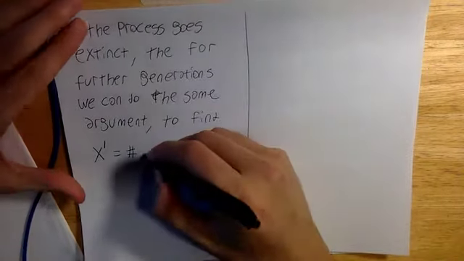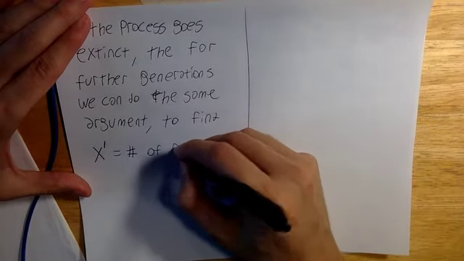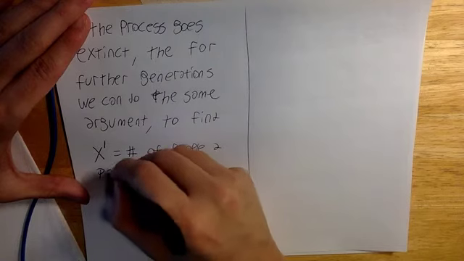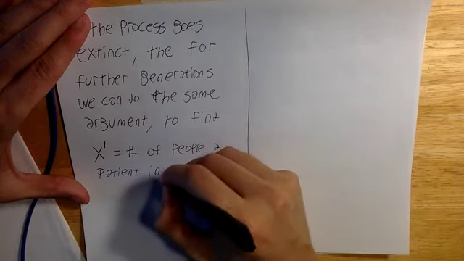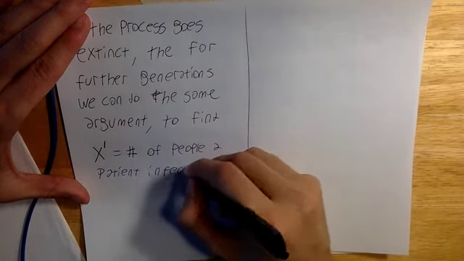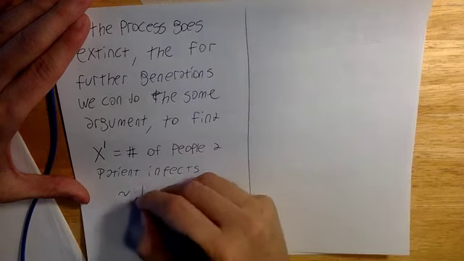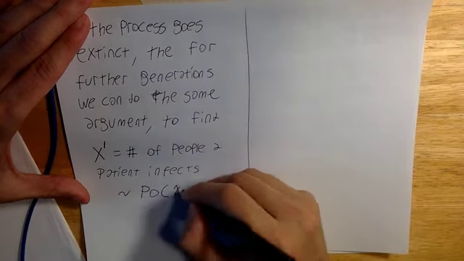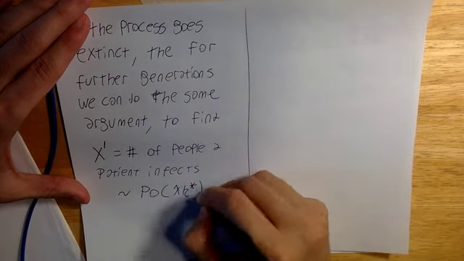So the number of people a patient infects is going to be distributed as a Poisson with parameter lambda eta star.